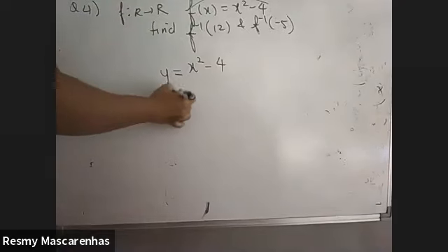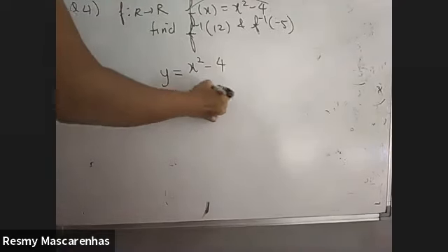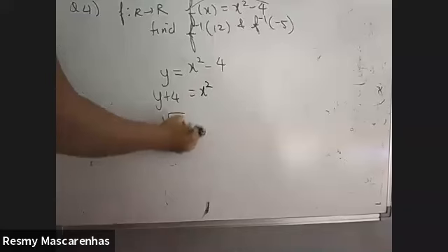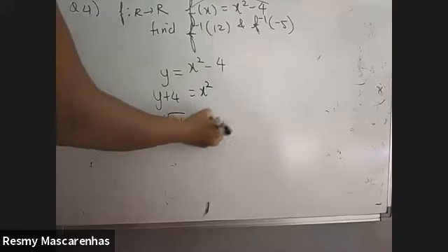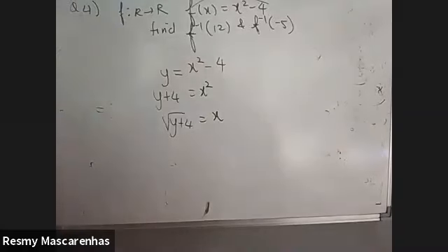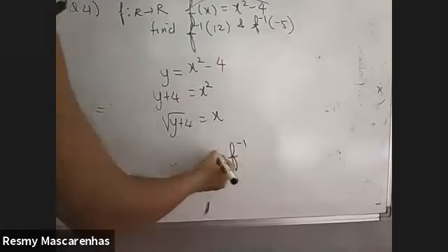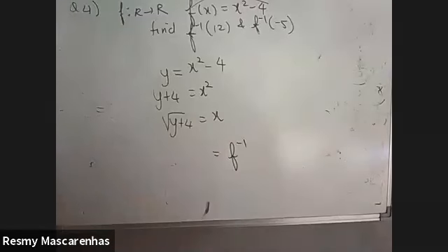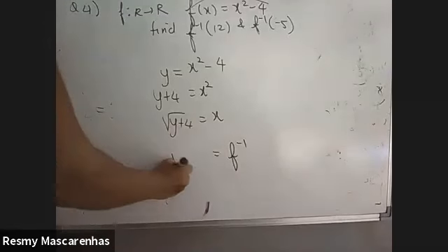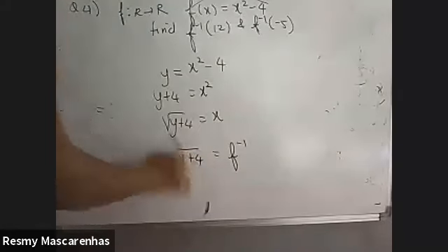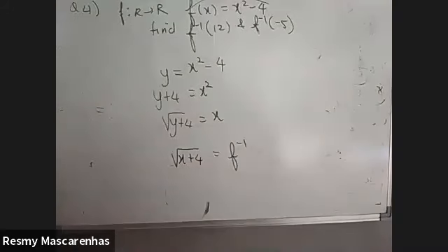So what will it be? x is how much? y plus 4 is x square. So what will be f inverse? Always replace x by f inverse, and instead of y, I have to write x. So this is your answer. This is the shortcut answer for f inverse.